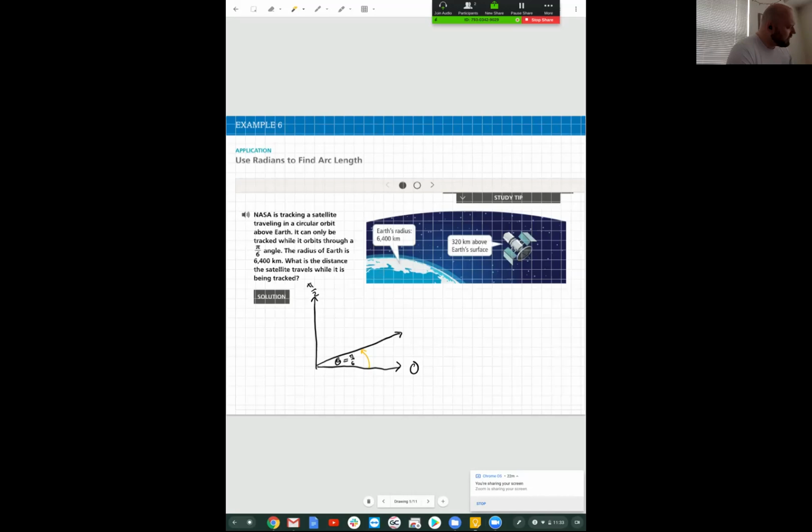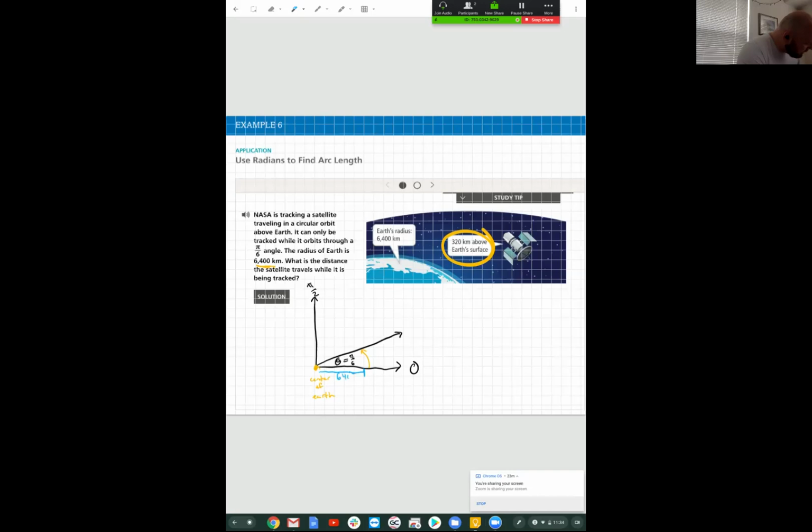The radius of the Earth is 6,400 kilometers. What is the distance that the satellite travels while it is being tracked? They tell us that the satellite is some distance above the Earth's surface, which is obvious because satellites don't just sit on the Earth, they go up in space. If the origin is the center of the Earth, then the radius of the Earth is, I'm going to change colors so this is easier to see, let's say this is the end of the Earth right here.